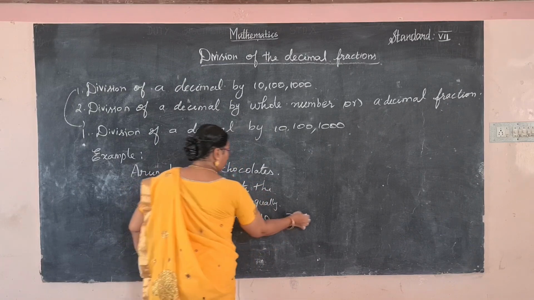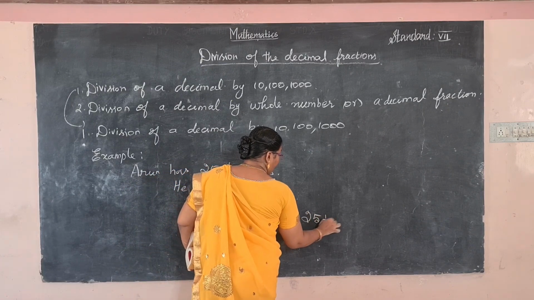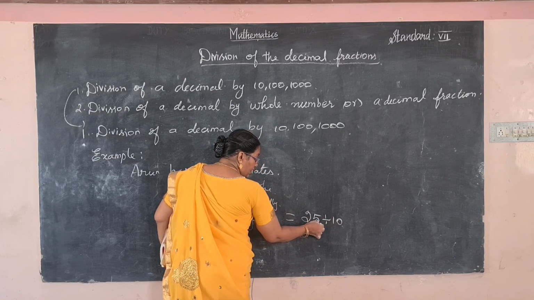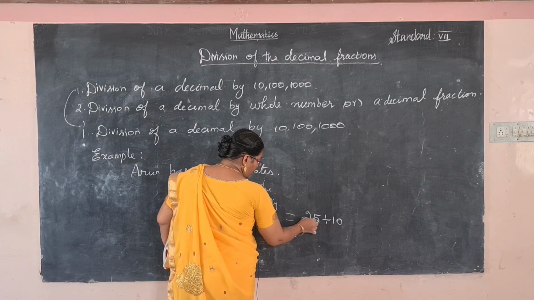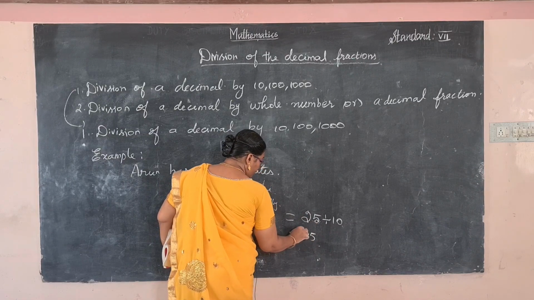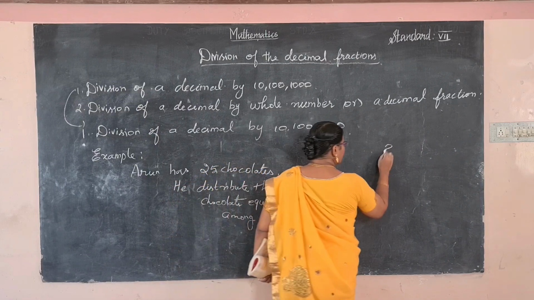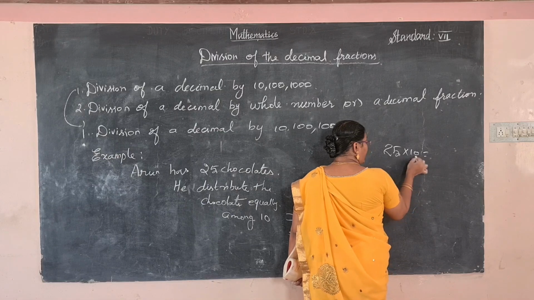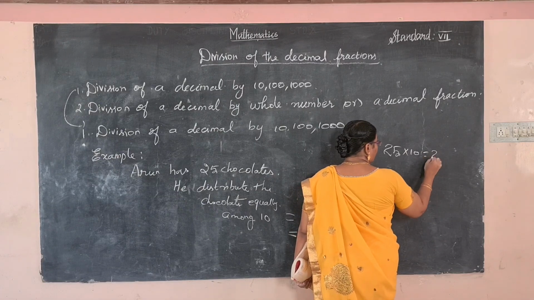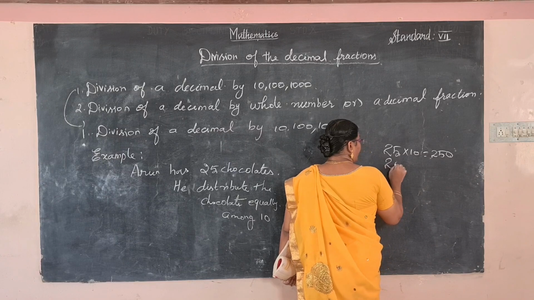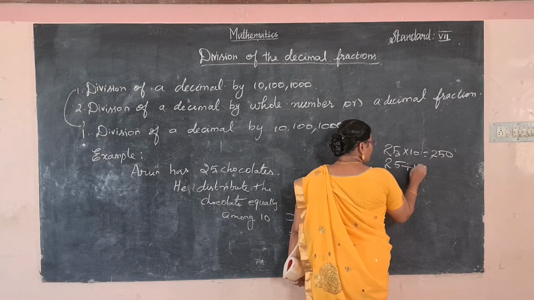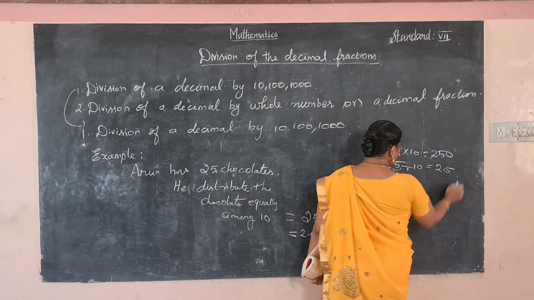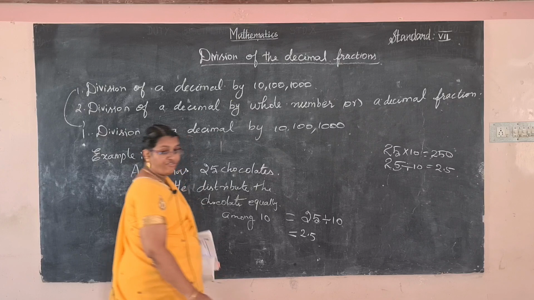So 25 divided by 10, what is the meaning? In division by 10, the decimal point moves backward, so 2.5. Product means multiply, is it? 25 into 10 means multiply, the 0 moves forward, so 250. 25 divided by 10 means the decimal point moves backward. So 2.5 chocolates were given to each of the 10 friends.